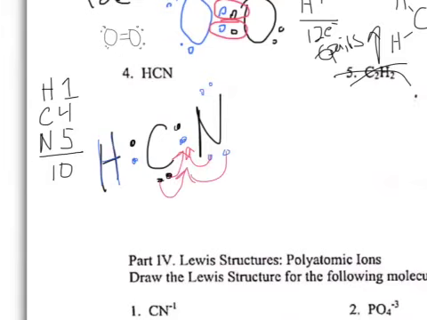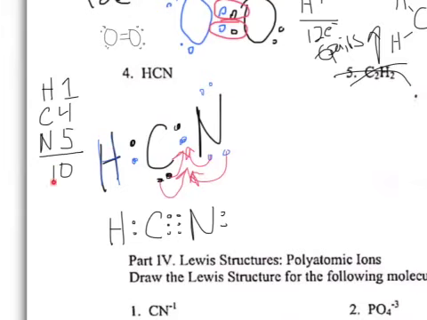Let's bring this in and bring this in. So we have 2 shared between the hydrogen and carbon, yet 3 pairs, 1, 2, 3, 4, 5, 6, shared between the carbon and nitrogen, and then this lone pair is the only one left on the nitrogen.